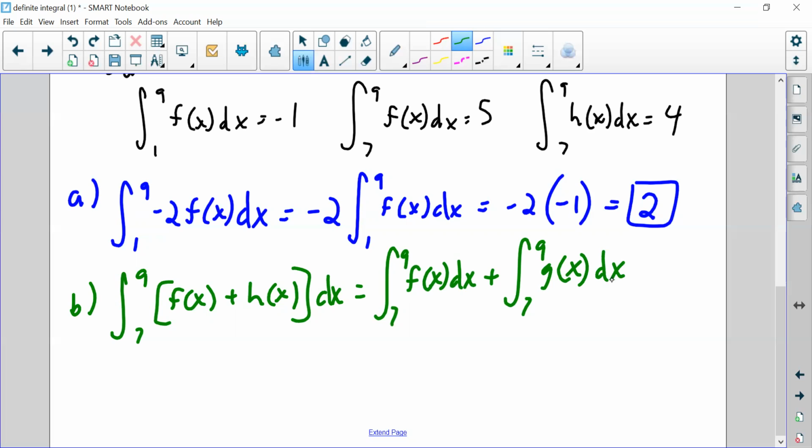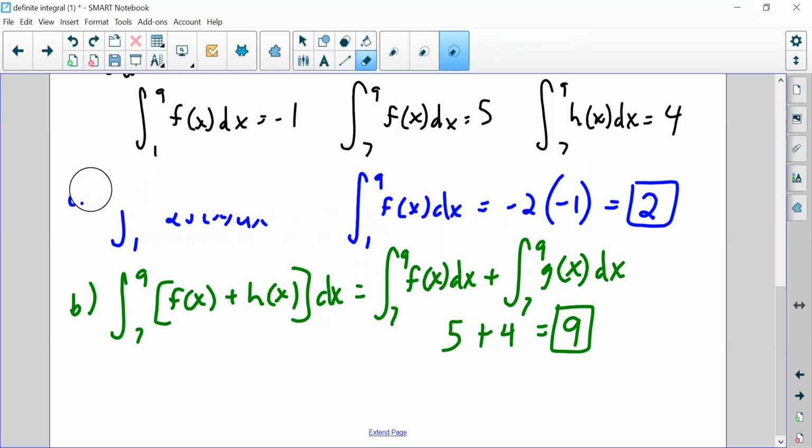And do we know those values? Okay, so what's the integral from 7 to 9 of f of x? 5 plus 4. So our answer is 9. All right. I'm going to have you work these two.